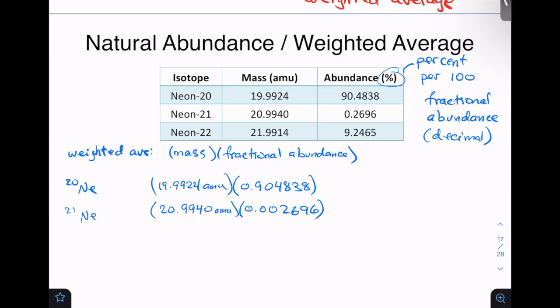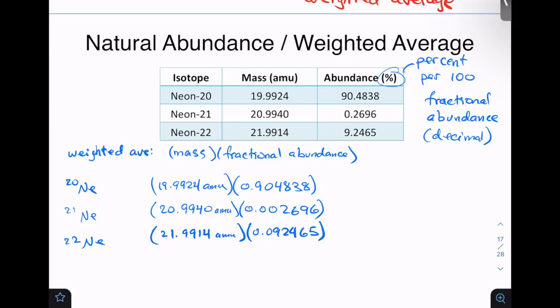All I'm doing is converting the percentage to a decimal. I hope you all know what I'm doing. For neon 22, the mass is 21.9914 AMU, and its fractional abundance is 0.092465. Okay.